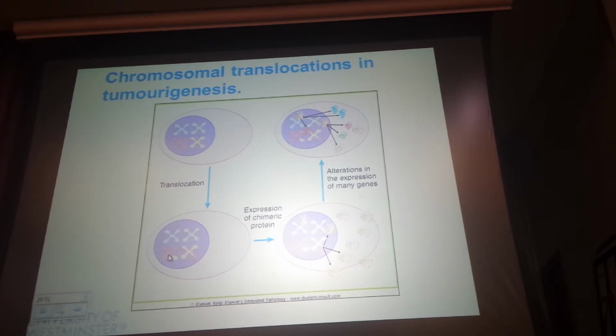So for instance, MYC, which is an oncogene and is a transcription factor, if MYC is fused to another gene, MYC is expressed all the time. MYC is not supposed to be on in normal cells, but if it becomes expressed all the time, then it triggers some expression of genes which will cause cancer.